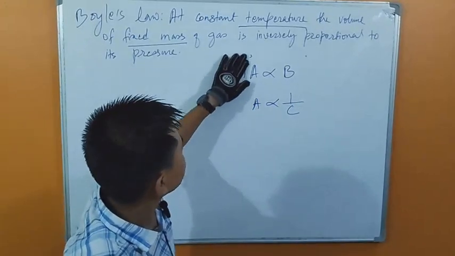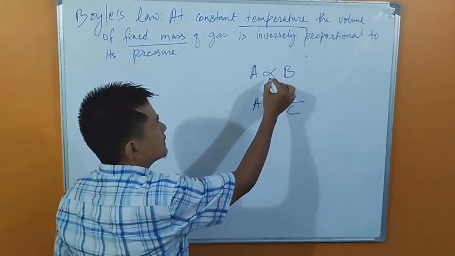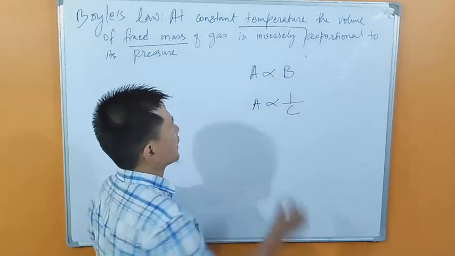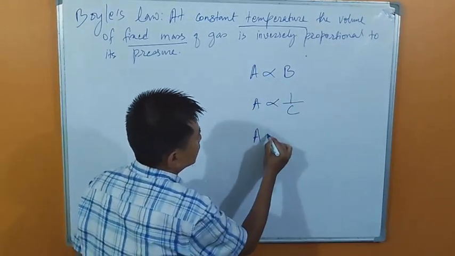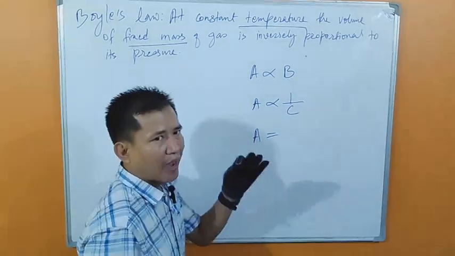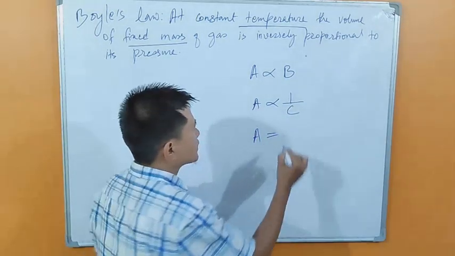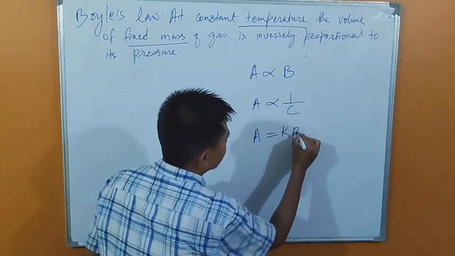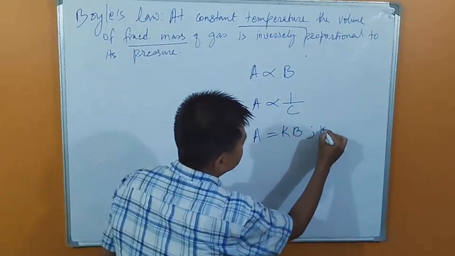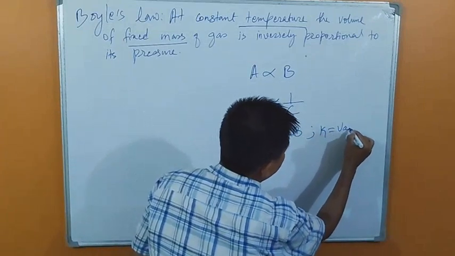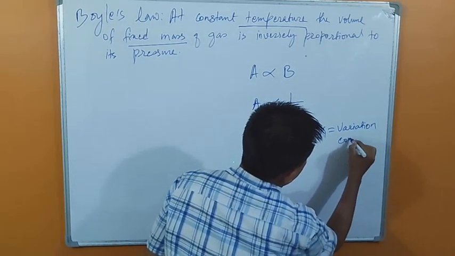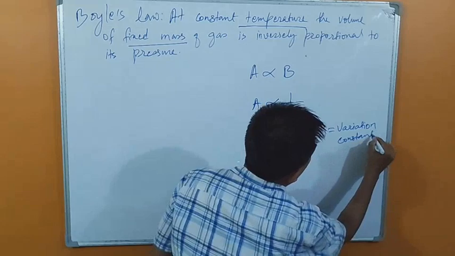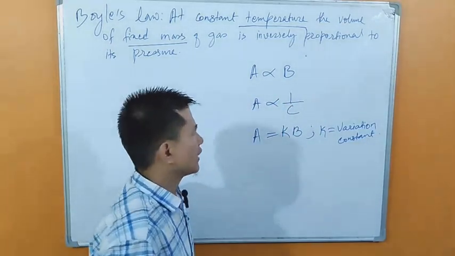Now, what if I replace this sign of variation with the equal to sign? Then I need to introduce a constant K. This K is called the variation constant, or you can also call it the proportionality constant.